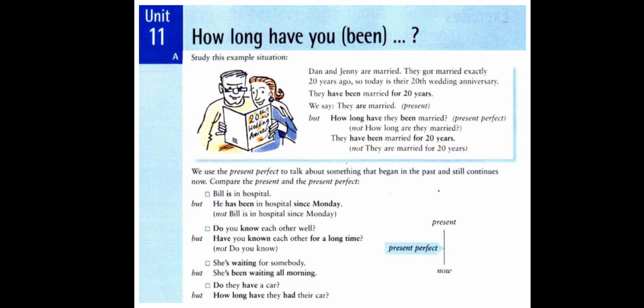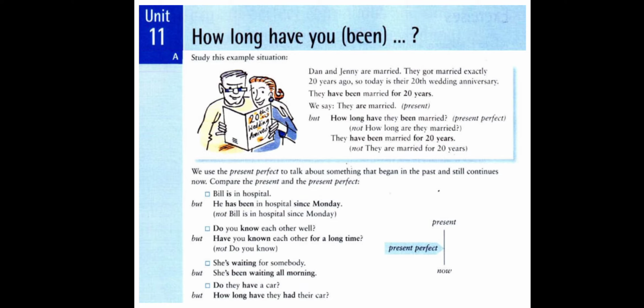How long have they had their car? When we ask, how long have they had their car? Let's say they have had their car for 5 years. 5 years back until now.